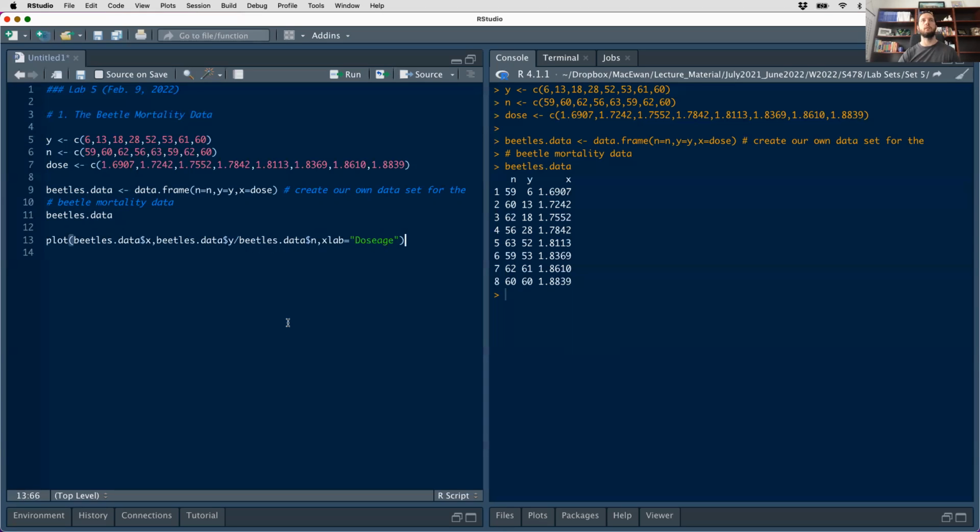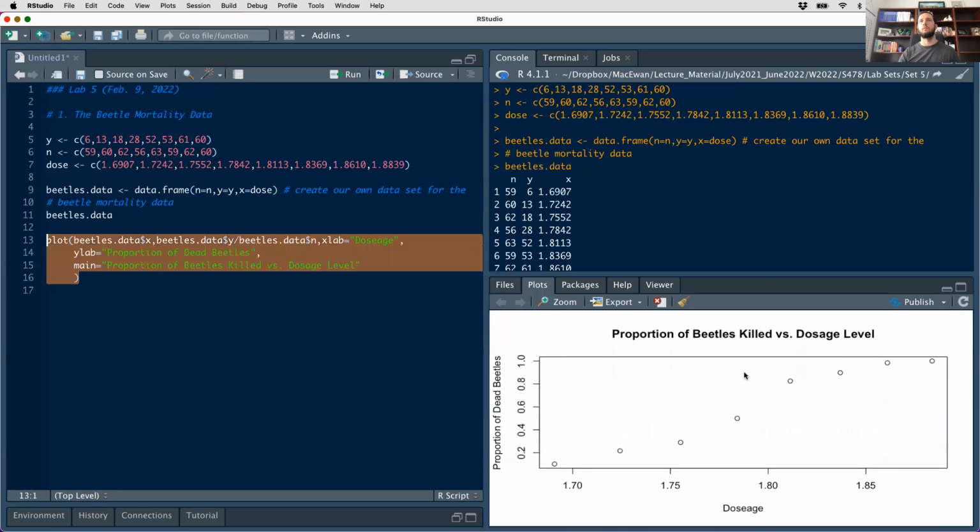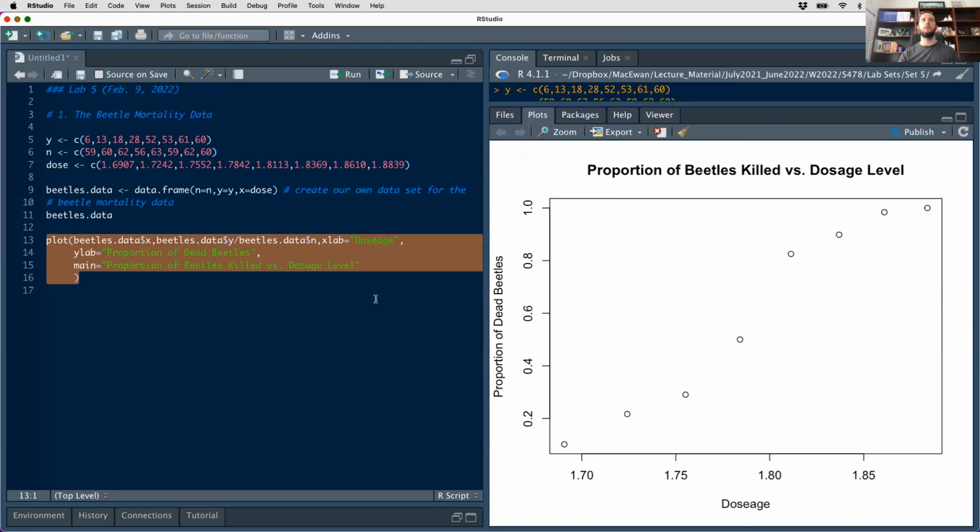So I have dosage here. Proportion of dead beetles. My title. All right. And then here's my plot. And then I'm also just going to add in a little customization here because I don't like the open circles. I'm going to close them. I prefer the closed dots.